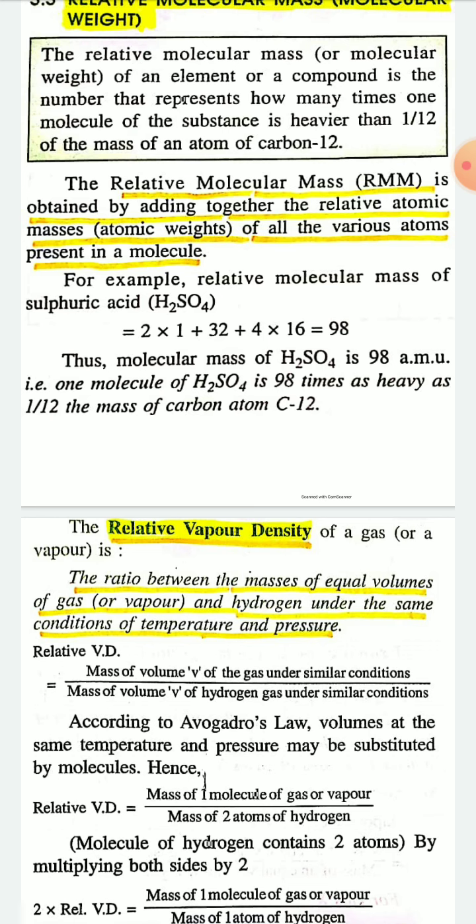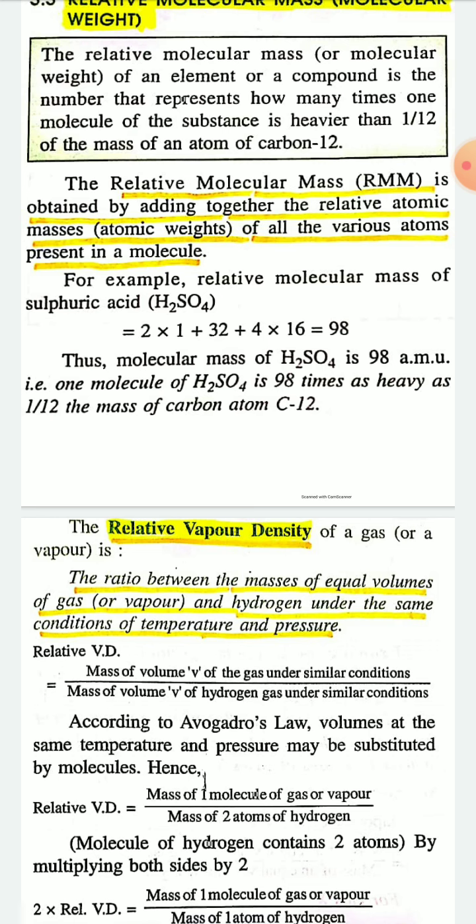So what is relative vapor density? It is the ratio of masses of equal volumes of two gases, and one gas must be hydrogen gas. So the relative vapor density is the ratio between the masses of equal volumes of a gas and hydrogen gas under the same conditions of temperature and pressure.